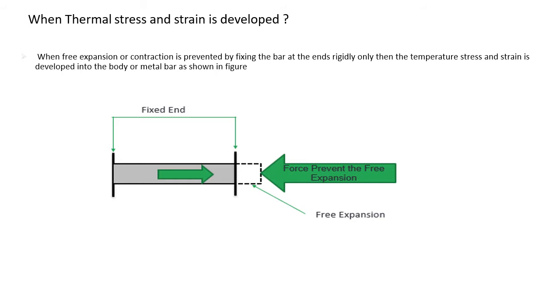Expansion or contraction causes change in dimension of that bar, and that change in dimension is called temperature strain. While during this process, expansion or contraction gets restricted by the fixed ends of that bar, which develops temperature stress in that bar.